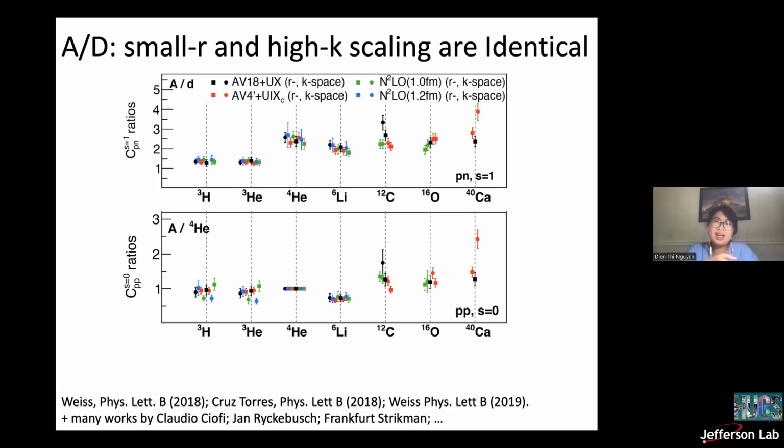So either in the coordinate space R or in the K space, you can extract this constant, and they seem to be consistent with each other. So this is one of the ways we can say that this short distance and the high momentum are equivalent. This work has been done by a group of very talented people who worked really hard on it, and the work has been published in many different papers I listed here as well.